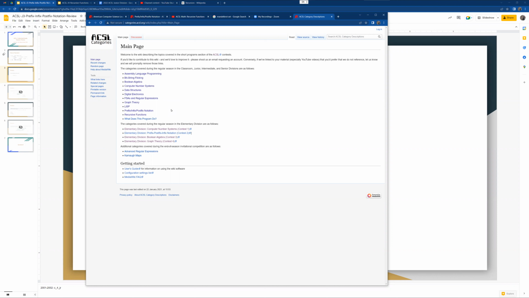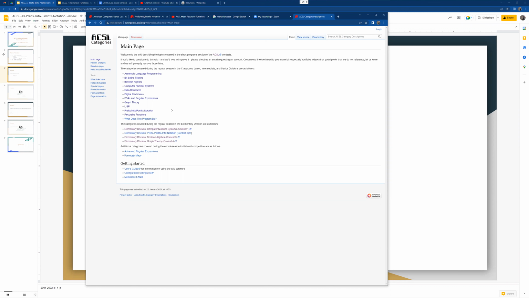For the juniors, lists are not needed. What else? Data structure? No, it's the finite state machines and finite state automatons, and regular expressions. Those are not needed. Everything else I think is there in junior.